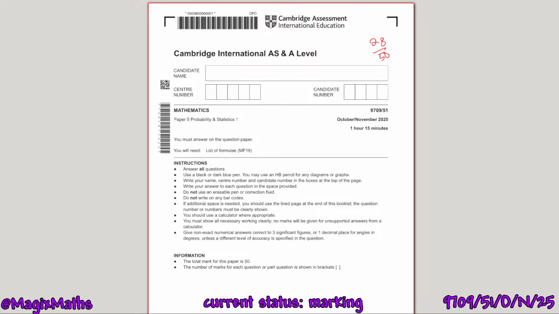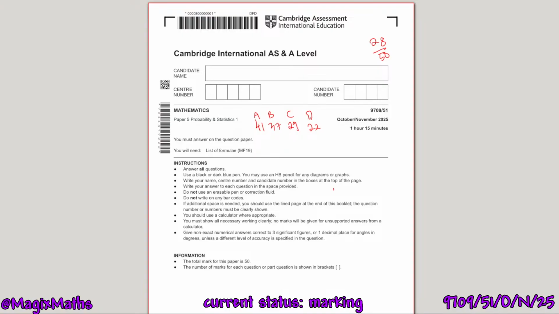Let's take a look at the grade thresholds. 5-1 paper. To get an A, we needed 41. 37 for B. 29 for C. And finally 22 for D.